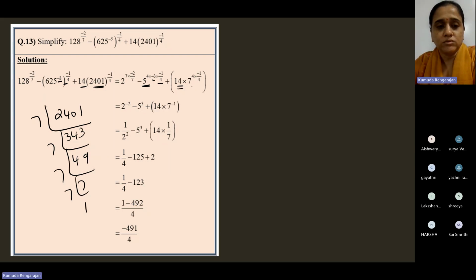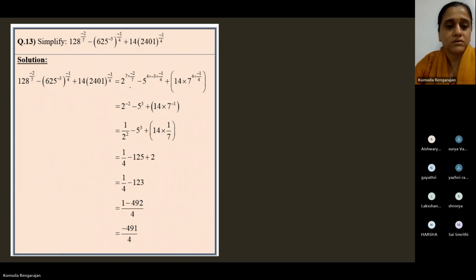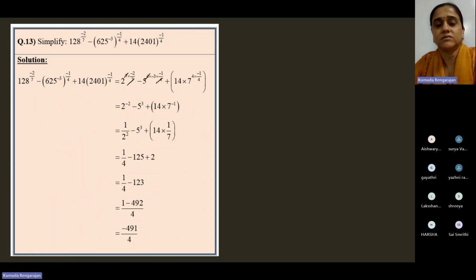So 14 into 2401 is 7 to the power 4, and it's raised to the power minus 1 by 4. So multiply the powers: 7 power 4 into minus 1 by 4. Now the 7 and 7 get cancelled, 4 and 4 get cancelled. So we have 2 to the power minus 2.